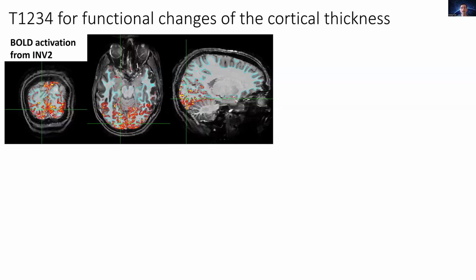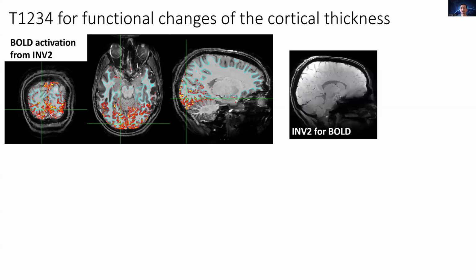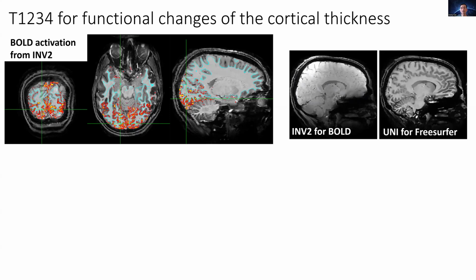Since the 3D EPI acquisition is as fast as 20 seconds per whole brain volume, we can even do fMRI during the structural scan. You can grab the second inversion time as T2*-weighted BOLD, while grabbing the UNI image for activation-dependent structural analysis.